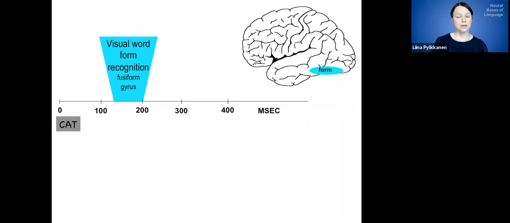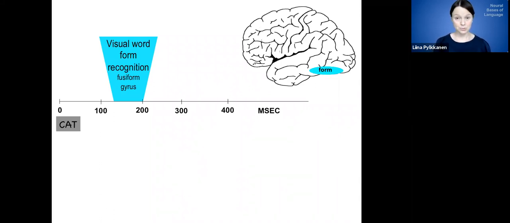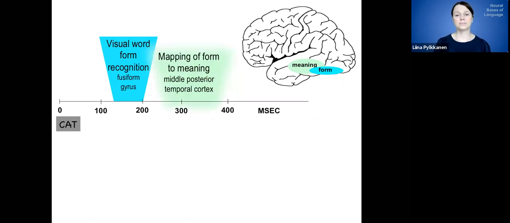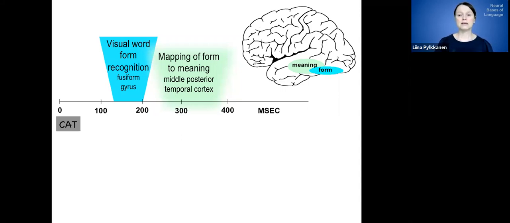What happens next? Well, obviously the task in comprehension is to map this form to meaning. That's what we just said. And we think that the hub for connecting form and meaning very much lies in the temporal cortex, in middle to posterior temporal cortex. And that is the center of lexical access effects as evidenced by lots of different types of experiments. So most models will have some kind of a form to meaning interface for lexical items in this general region.